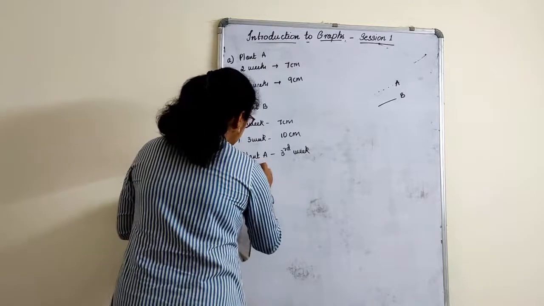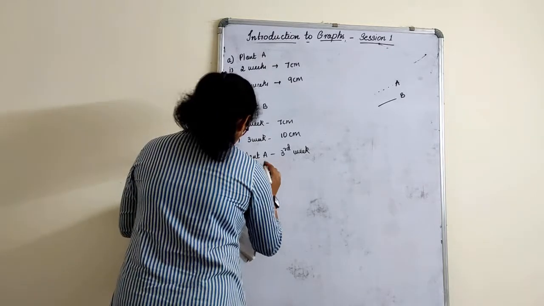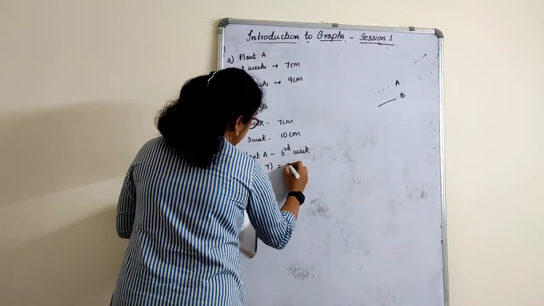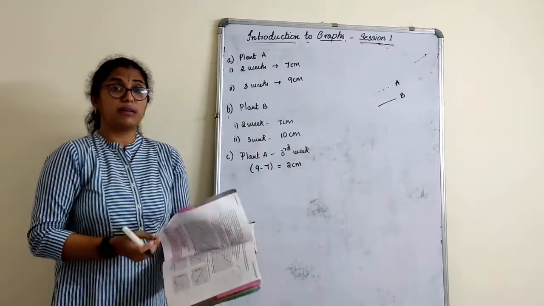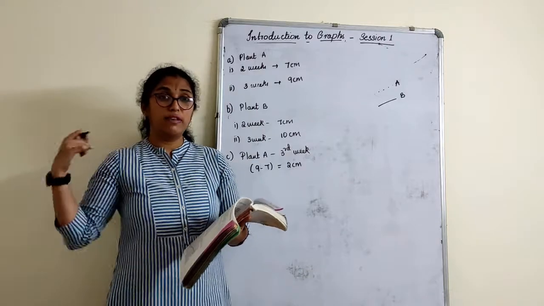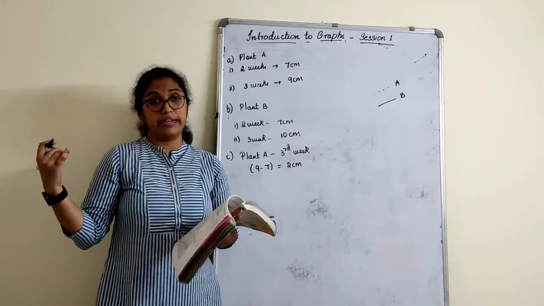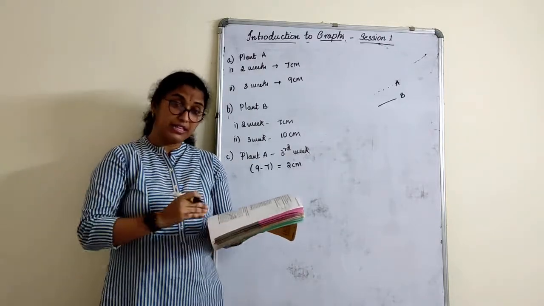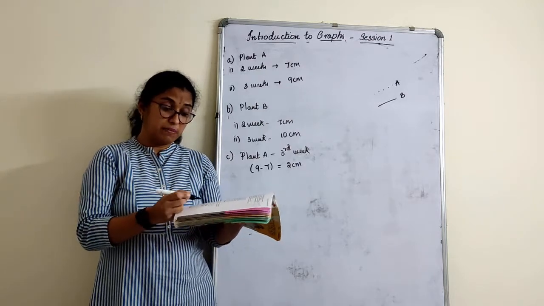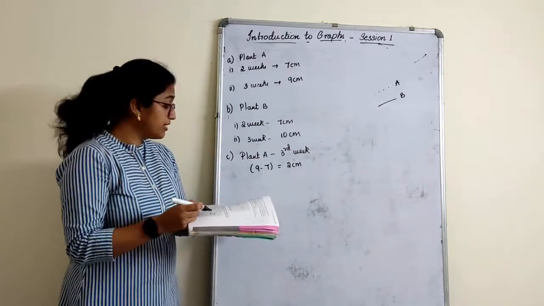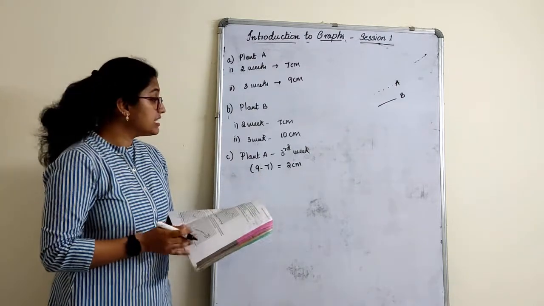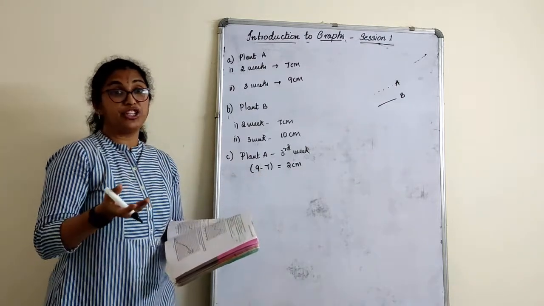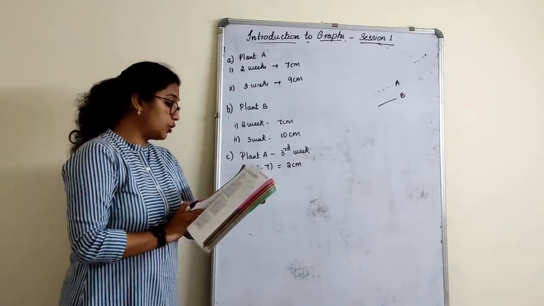That is nothing but 9 minus 7, which is equal to 2. It grew 2 centimeter. Of course, when I talk about comparison, how tall I am, I always compare with the next person who is with me, right? So in the third week the growth is 9. What is in the second week? It is 7. So from the second week, it is 2 centimeter growth.